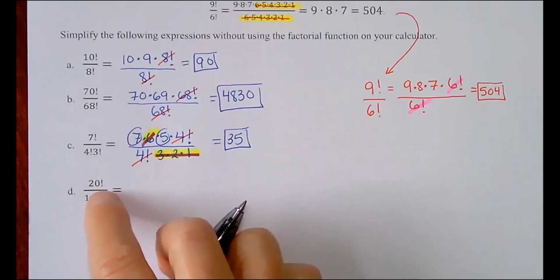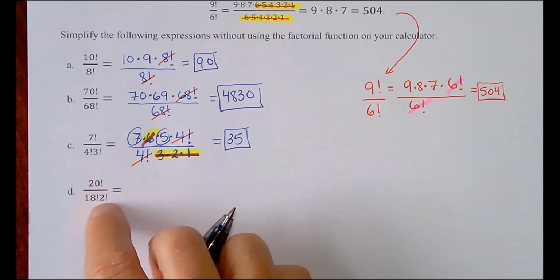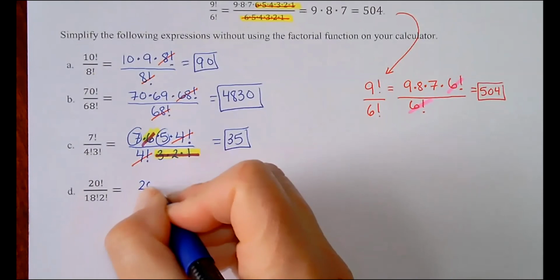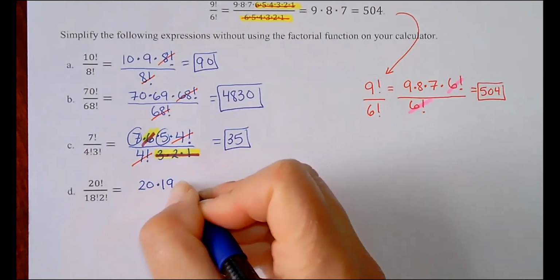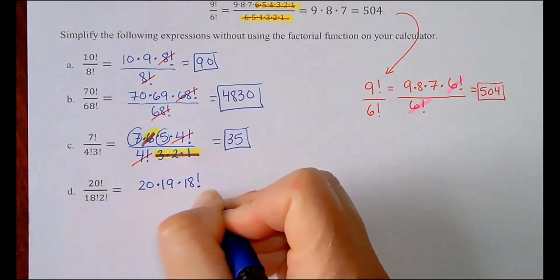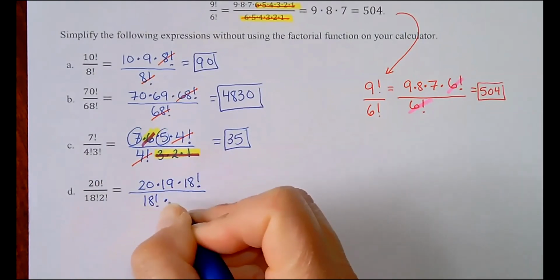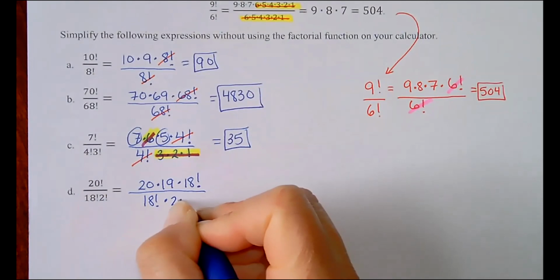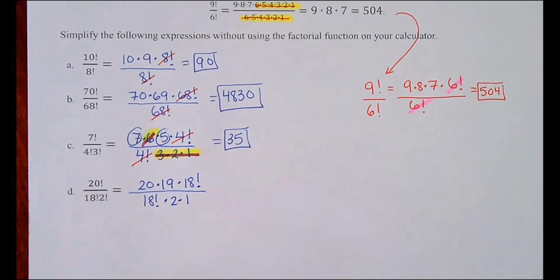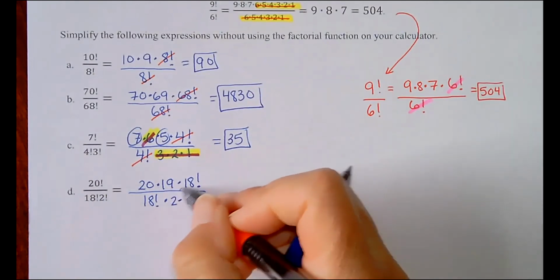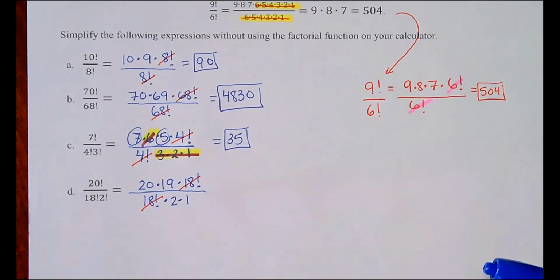Similar idea on letter D. Again, I'm going to take this 20 down to the bigger of the two factorials. So I'm going to go 20 times 19 times 18 factorial over 18 factorial times, and now my 2 I'm going to write as 2 times 1. So I have my 18 factorial and 18 factorial canceling out.